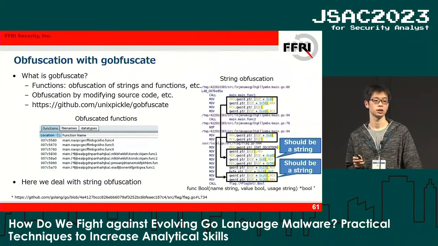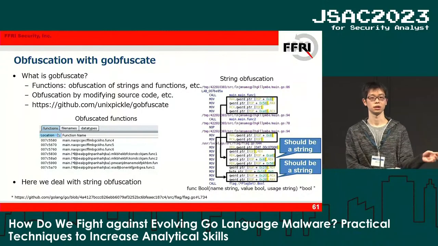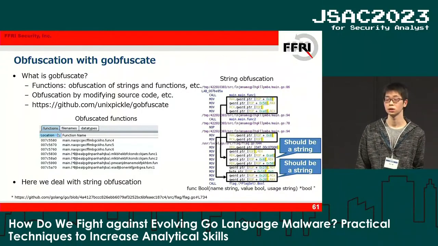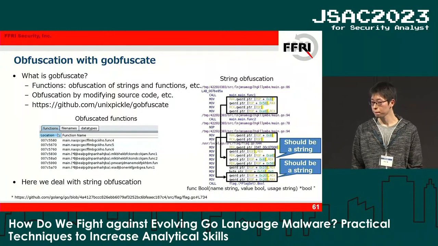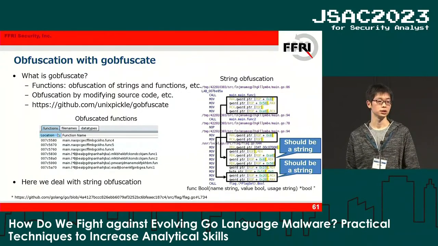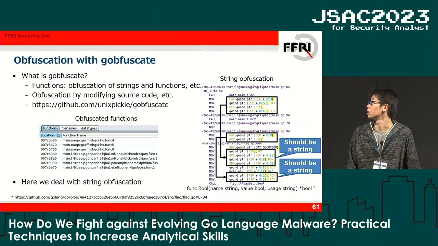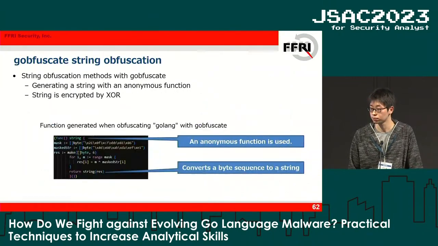And as obfuscation, you change the source code names, and so the tools will take out the information, but the names will be obfuscated, and the string obfuscation resolution will be introduced.